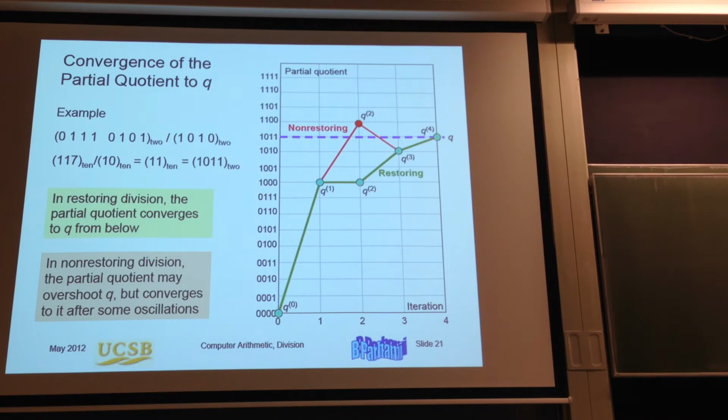In other words, I can see the convergence process going in different ways. When I am doing non-restoring, I allow for some spikes to overshoot the value that I'm looking for, while when I'm doing restoring, I'm always converging from under the value of the target quotient.